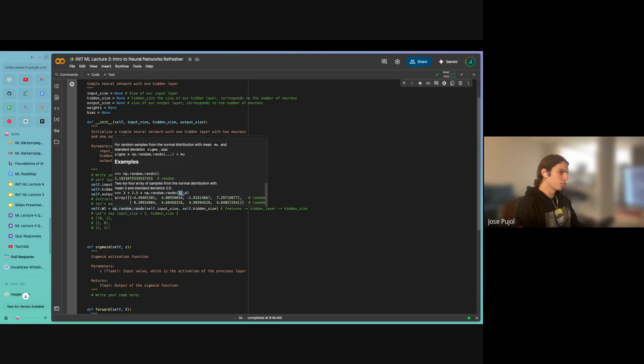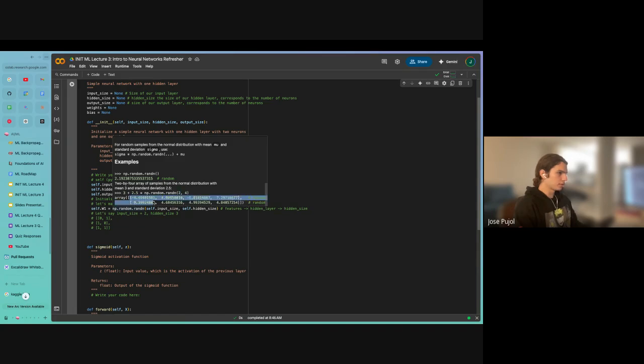Yeah, you see 2, 4. Well, hidden size is 3, sorry. If my input size goes to, okay, so what they're showing you here, np.random 2, 4.